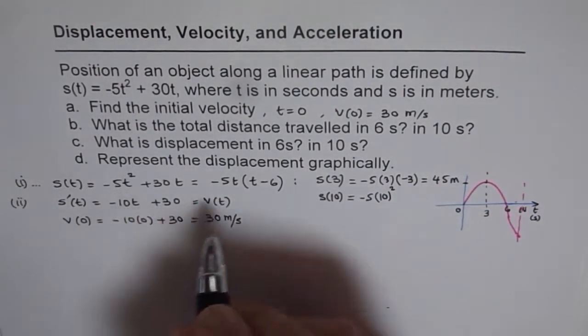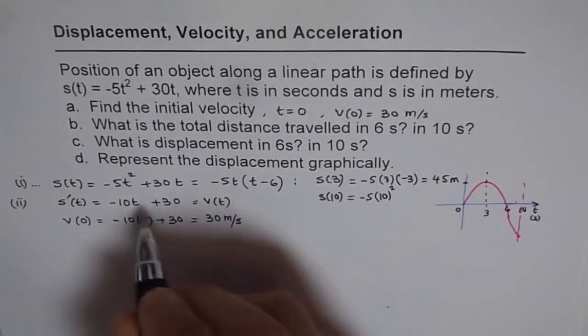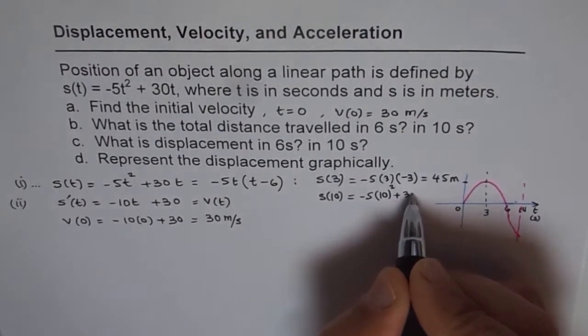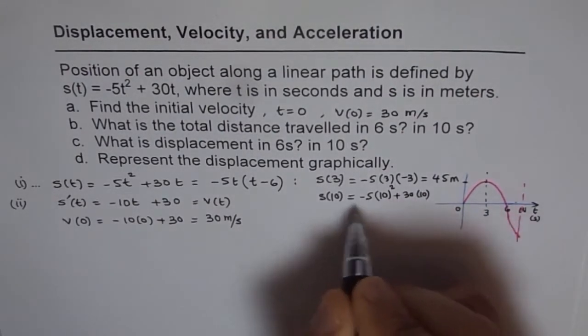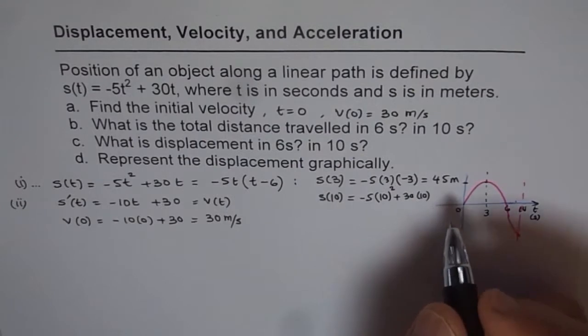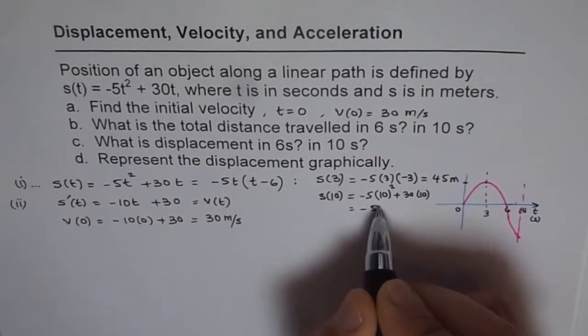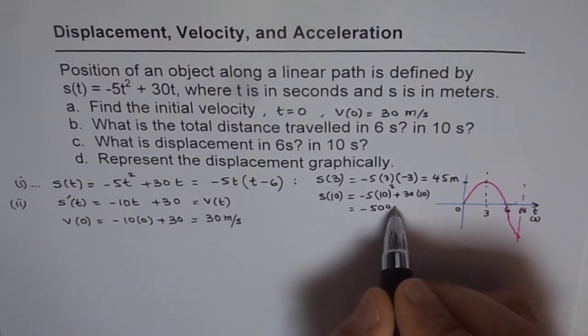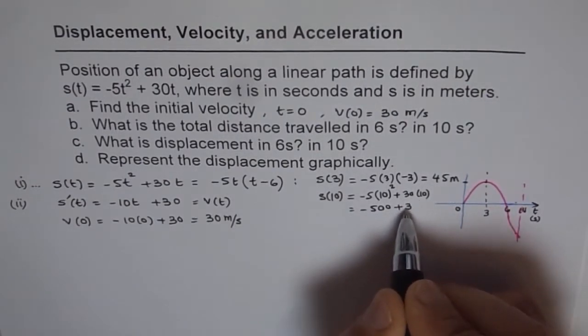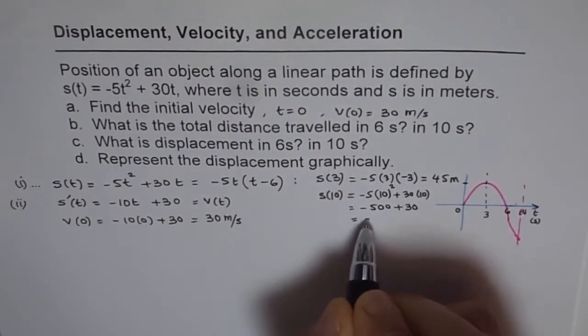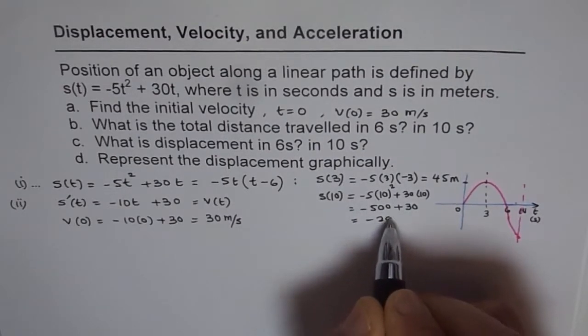Okay, we use that equation this time, that's fine. Minus 5 times 10 square plus 30 times 10, right? You could use either of those two equations, correct? So you get here minus 500 plus 300, right? Which leaves us with a number, minus 200.